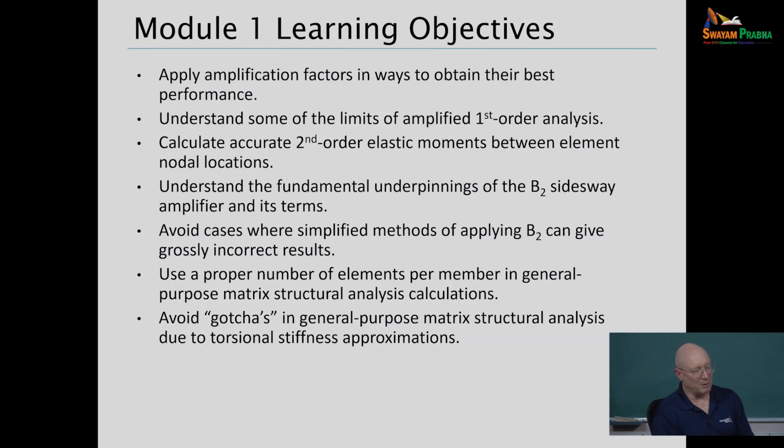We'll look at how we make sure that we're calculating accurate second-order elastic moments, particularly if you use a fairly coarse discretization of the structure. In design, we need the maximum second-order elastic moment along the length of the member. Let's make sure we have an adequate calculation of that.